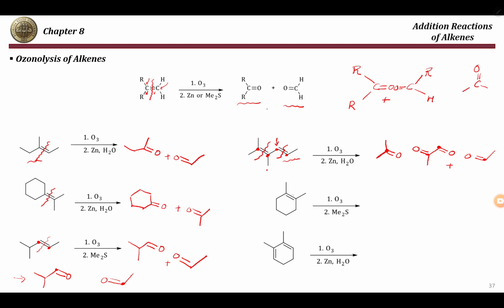Even in cycles, you have to do the same thing. So I'm gonna cut this bond here. Those are my two double bonded carbons. You just have to be careful how to draw the structure. So at this point, I'm gonna add double bond O. Then I will just continue drawing the structure.